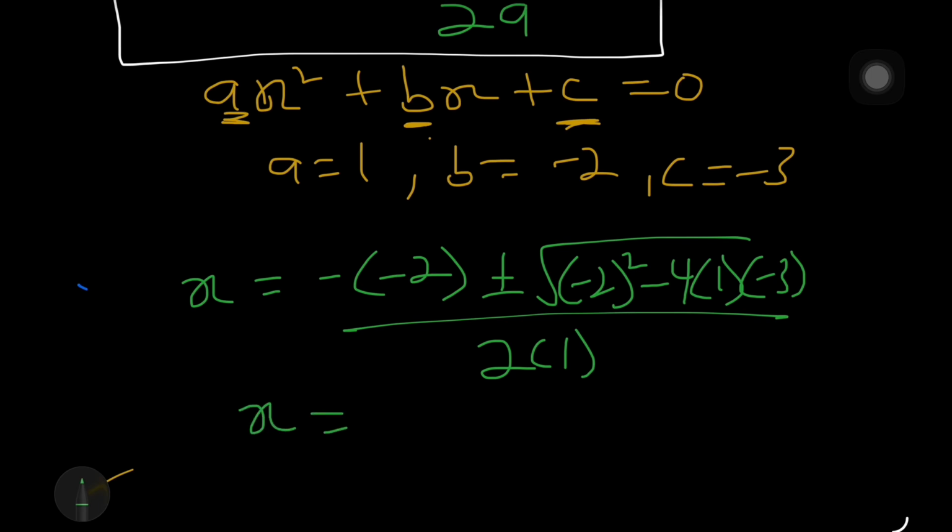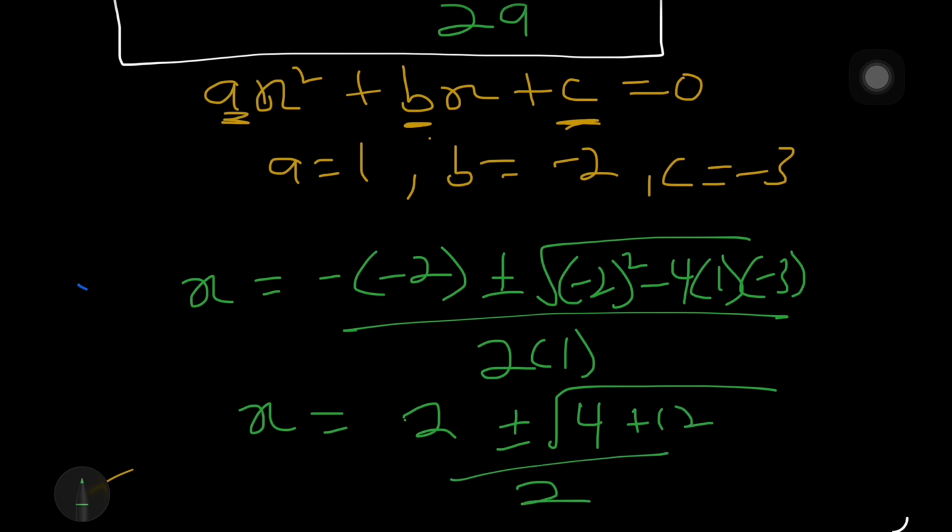So x is going to be negative of negative 2, which is positive 2, plus or minus square root of negative 2 squared, which is 4, minus 4 times 1 times negative 3, which is plus 12, all over 2.